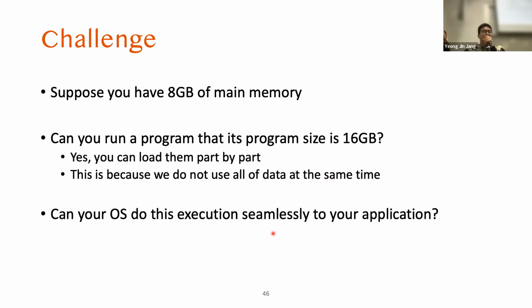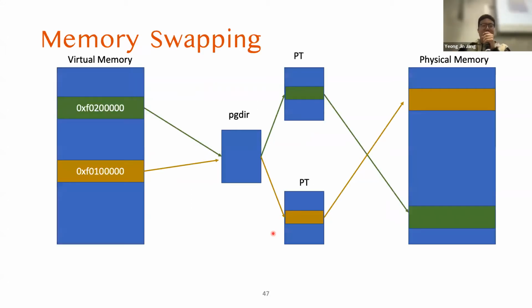Then we have the disk, and the simple idea is, can you utilize the disk as memory? We can actually do that with the page fault handler. How we can do that is something like this. Suppose we have 2 pages mapped in the virtual memory, the green one and the yellow one. With the page directory, it will map to this one, and that will map to that one.